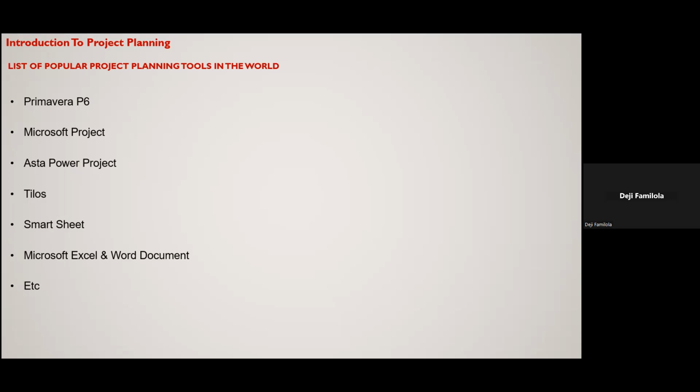If you go to building construction, I can see 80% or 90% using Asta Powerproject, but it doesn't cut across all other sectors. But Primavera P6, which is from Oracle, cuts across every sector.